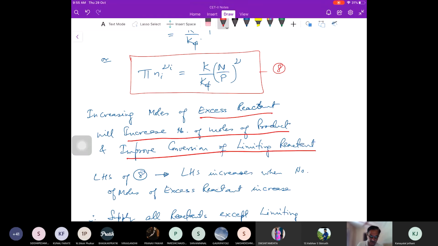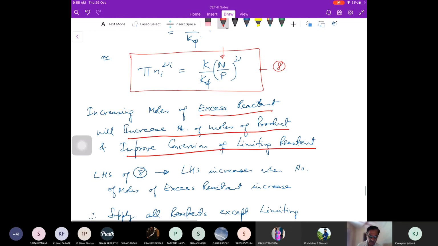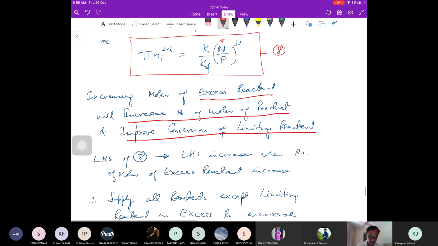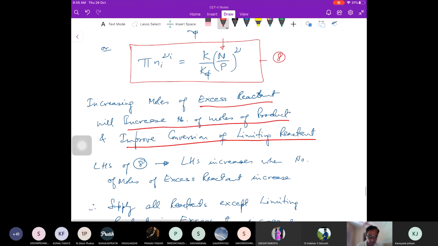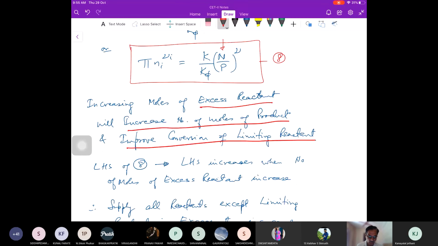It increases number of moles of product and improves conversion of limiting reactant. कैसे? Because n बढ़ेगा, right? n बढ़ेगा तो right hand side बढ़ेगा तो number of moles of product बढ़ेगा. ठीक है? Any questions?